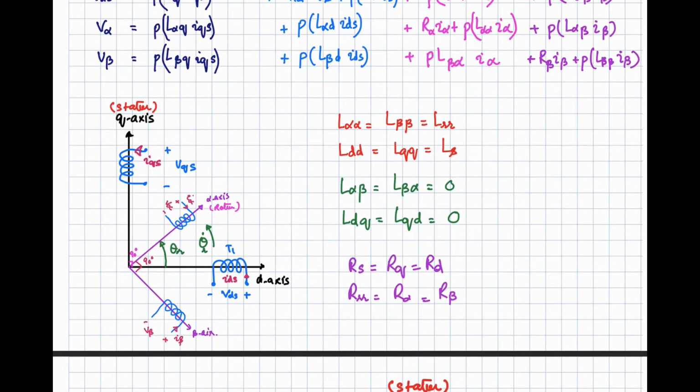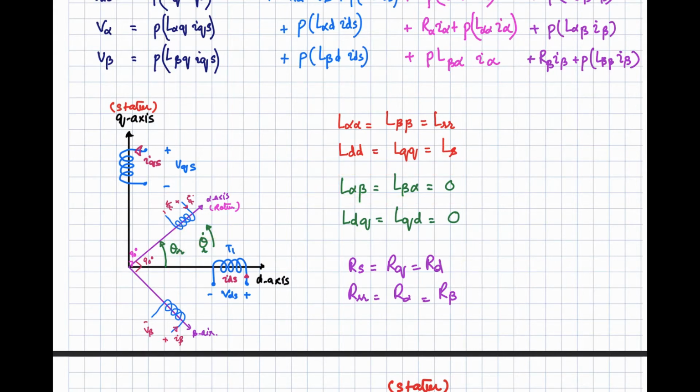Now what is the mutual inductance between alpha and beta? As you can see here, these two are orthogonal, perpendicular to each other. So any variation here will not be reflected on the beta axis. So the mutual inductance between the alpha and beta axes will be 0. So L alpha beta or L beta alpha will be equal to 0 because the two axes are orthogonal.